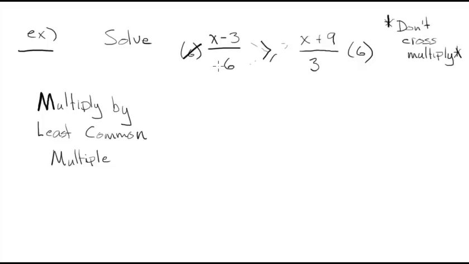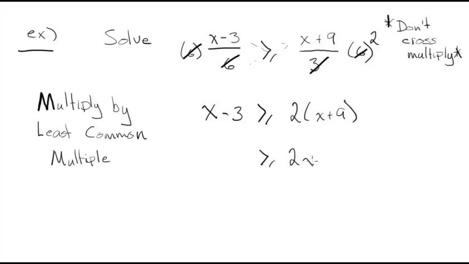So on the left, the 6s cancel, and you'll have x minus 3 bigger than or equal to, and on the right, 6 divided by 3 is 2, so we'll have 2 times x plus 9. Now if we expand on the right, we'll get 2x plus 18, multiplying the 2 into both terms.